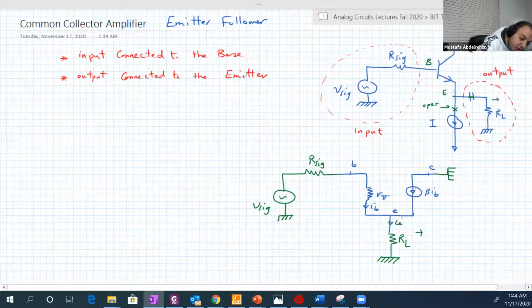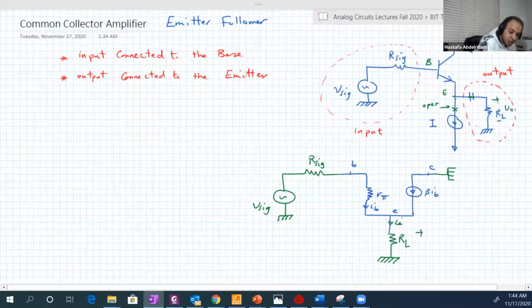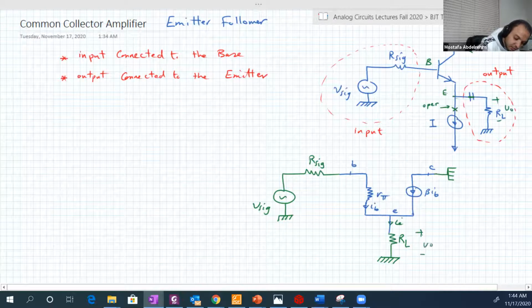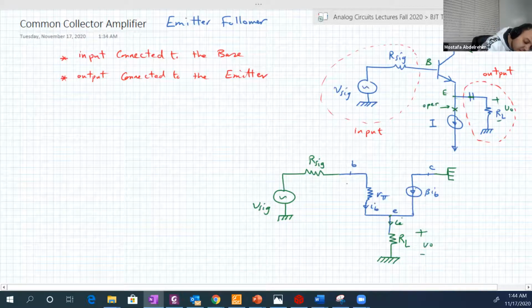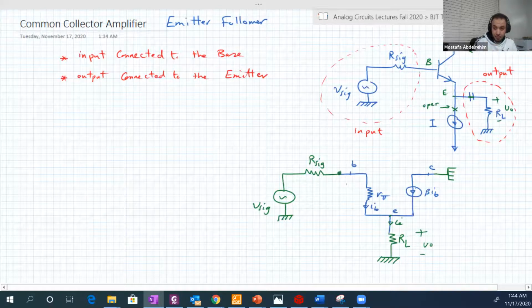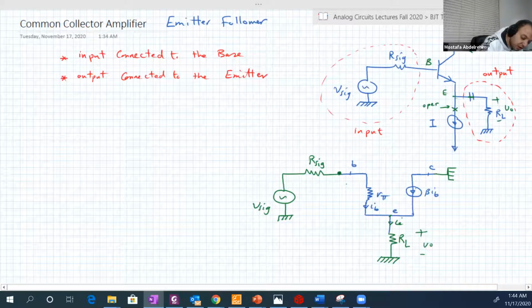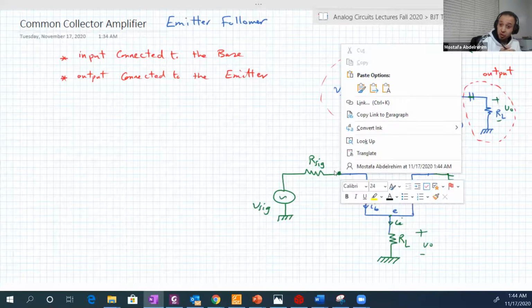VO is the voltage across RL, from the emitter to the ground. And the input is between the terminals of R input, which are the terminals of the input signal.